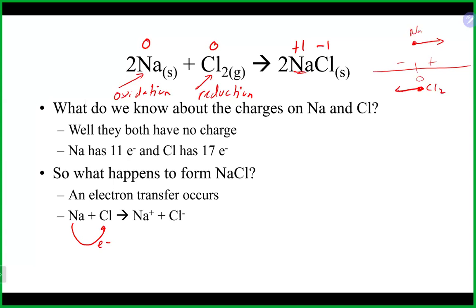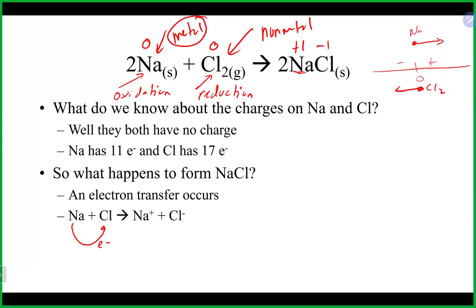Now, the good news about some of these redox reactions is when you have a situation like this, this is also something we've talked about before. Sodium is a metal, chlorine is a non-metal, and that always is going to form an ionic compound. And we know in an ionic compound, which one usually gives away the electrons?